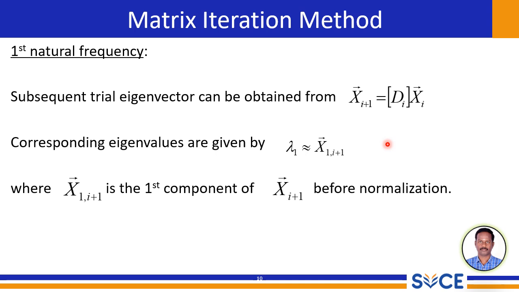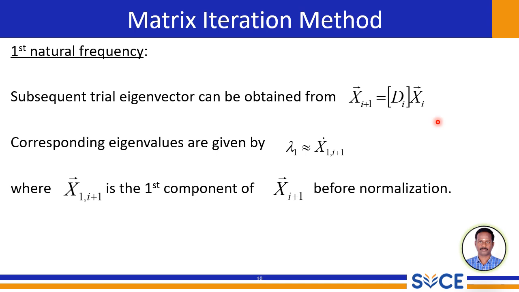In the matrix iteration method, we obtain the next trial eigenvector, denoted as x with subscript i plus 1, by simply multiplying the current trial eigenvector, denoted as x with subscript i, with the dynamic matrix D. This is the core iterative step. We are repeatedly applying the transformation defined by the dynamic matrix to our current estimate of the mode shape.